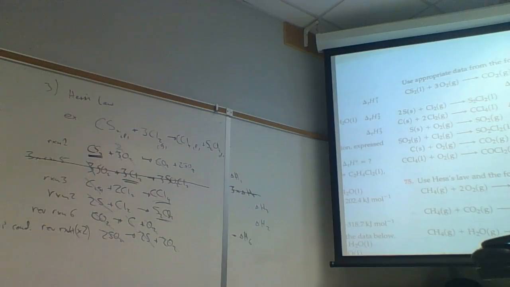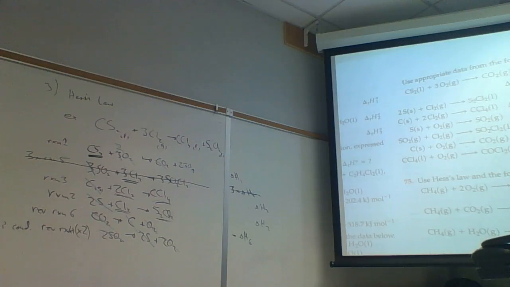Okay? And so when we add all those up, what do we get? Well, when we add those up, we get CS2 plus 2 Cl2s, and 1 Cl2 gives us 3 Cl2s. This goes to CCl4 plus S2Cl2.